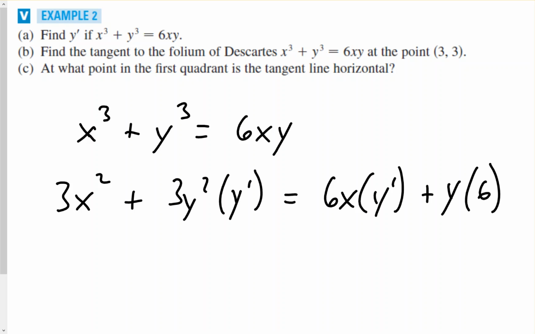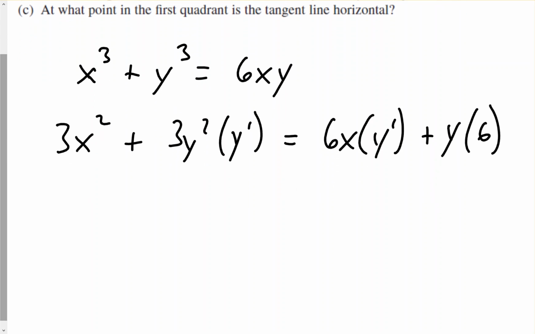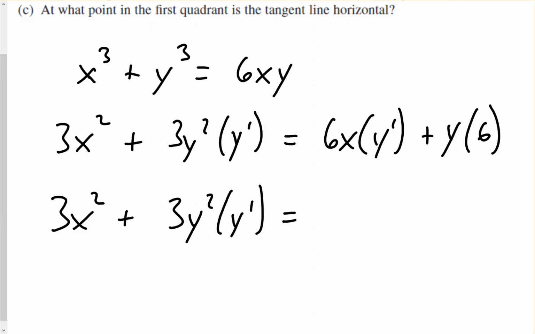Now we're going to try to get the y primes together on the same side. Let me first rewrite it slightly. I'll put the y prime like this, plus 6y.